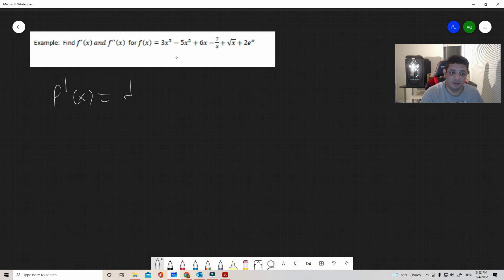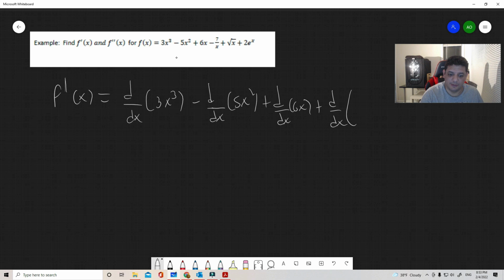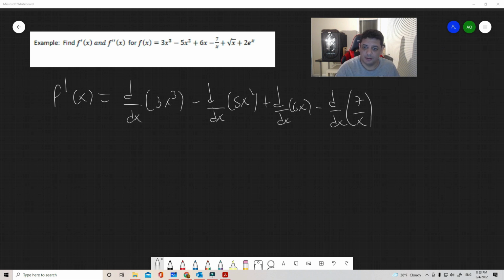So now this is just going to be the derivative of 3x cubed minus the derivative of 5x squared plus the derivative of 6x plus the derivative of, or minus, if you will, this one here, of 7 over x, plus the derivative of the square root of x plus the derivative of 2e to the x.